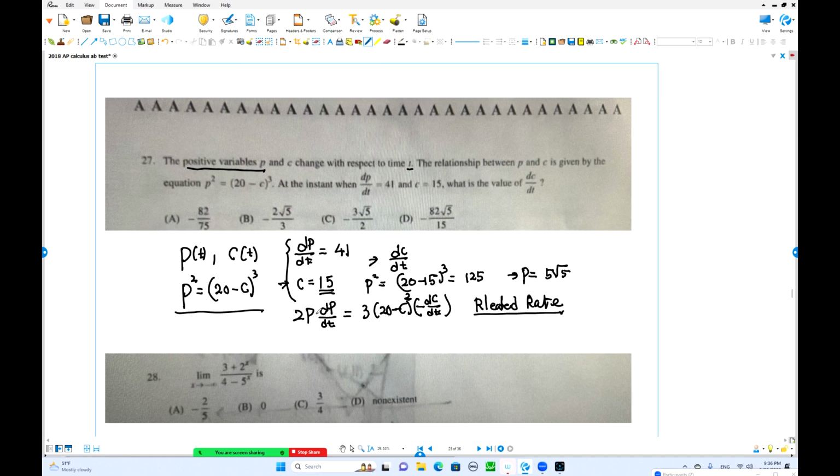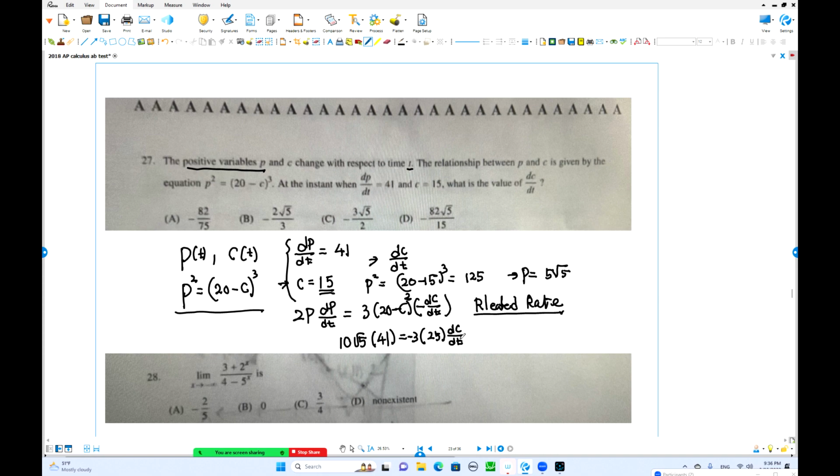Put this number P in there. 2 times 5 root 5 is 10 root 5. After that, dP/dt is 41, times 41. That is exactly equal to 3 times (20 minus C squared). 20 minus C is 5, and 5 squared is 25. After that, minus, I'm going to move out dC/dt.